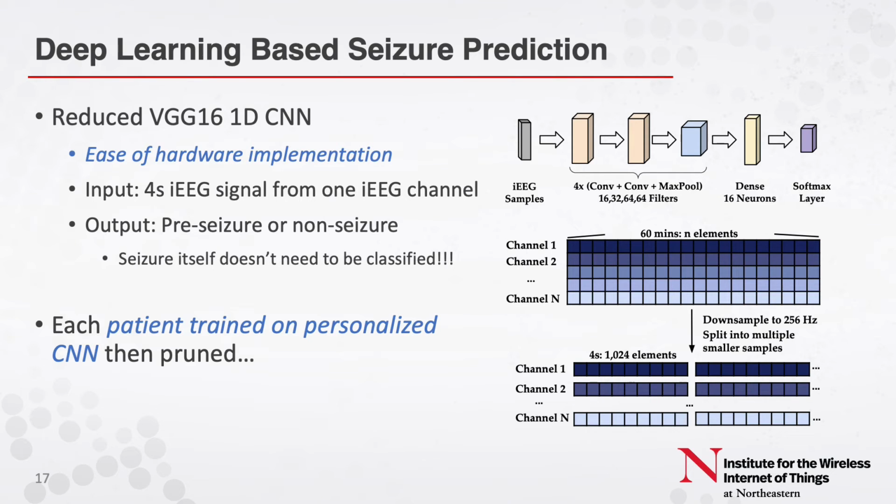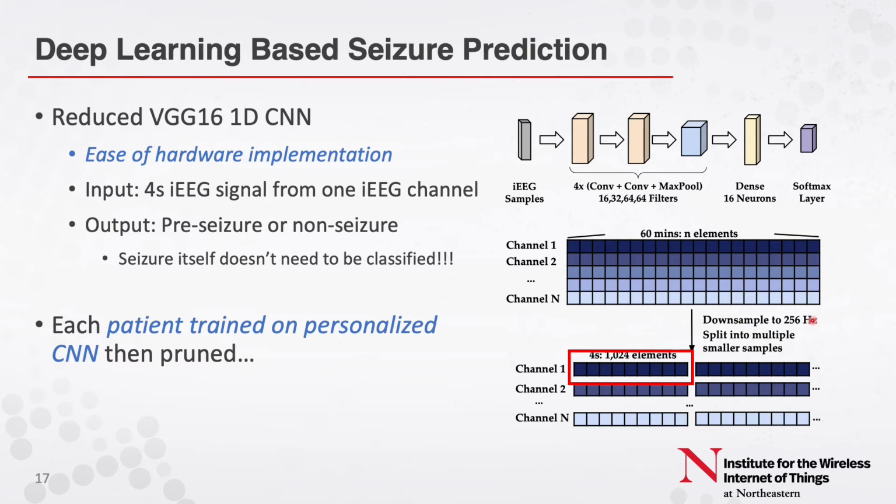The actual input that's fed into the convolutional neural network is a one-dimensional array. More specifically, it is data from a single channel for a single point in time. So what we do is we first take a multi-channel, in this case N-channel, intracranial EEG matrix of size 60 minutes here in this case.